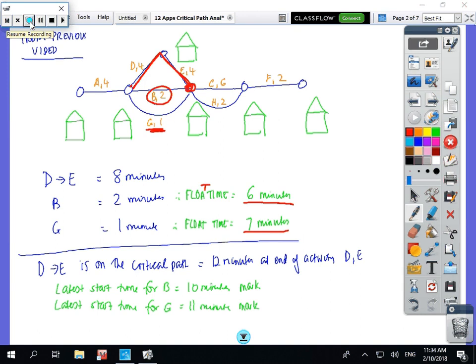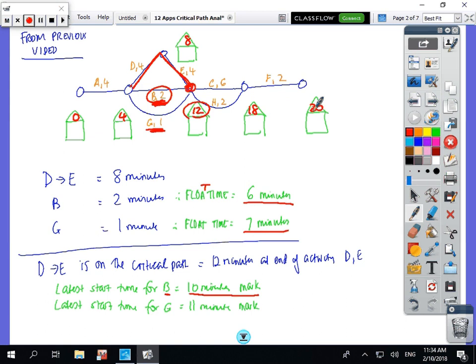If activity B takes 2 minutes, and to get to that spot there was 12 minutes, the latest that B can start is at the 10-minute mark, because 10 plus 2 equals 12. Just putting the numbers back in again, we had 0, 4, 8, 12, and 18, and 20.